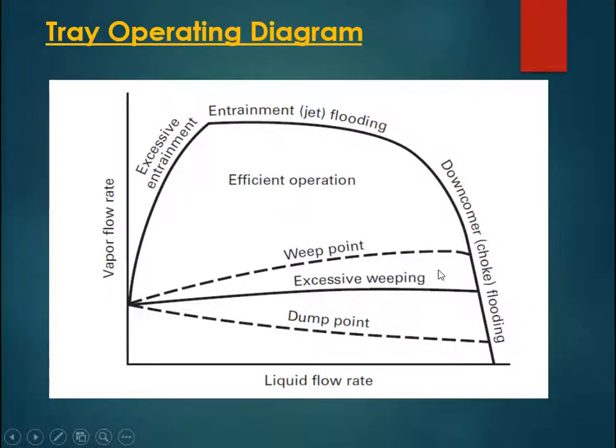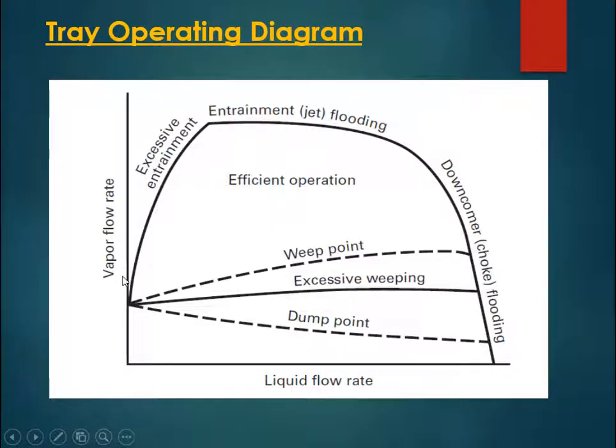Now we can see that this weeping curve is like this, because when liquid flow rate goes high, the chances of weeping go up, since the hydraulic tray pressure drop becomes high, and weeping usually takes place when the dry tray pressure drop becomes low compared to the hydraulic tray pressure drop. Because of that, if my liquid flow rate is this and my vapor flow rate is this, then I am in the safe region, with stable and efficient operation.